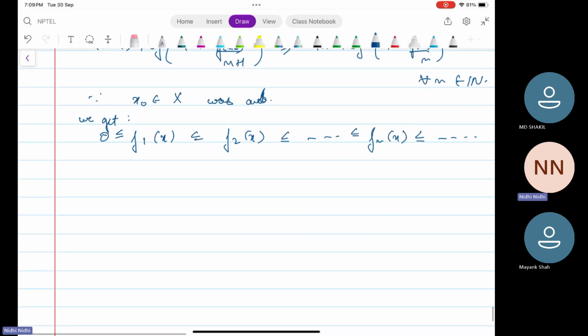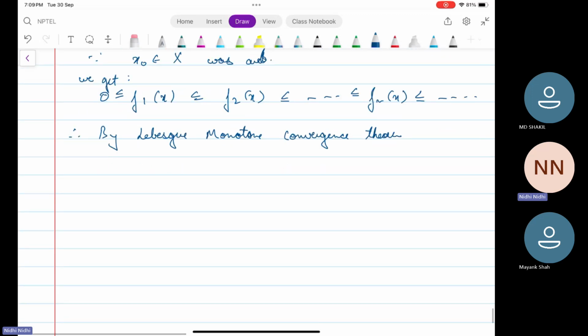Therefore, by the Lebesgue monotone convergence theorem, we can interchange the limit and integral. The limit as n tends to infinity of the integral over X of f_n(x) dx is equal to the integral over X of the limit, which was f(x).